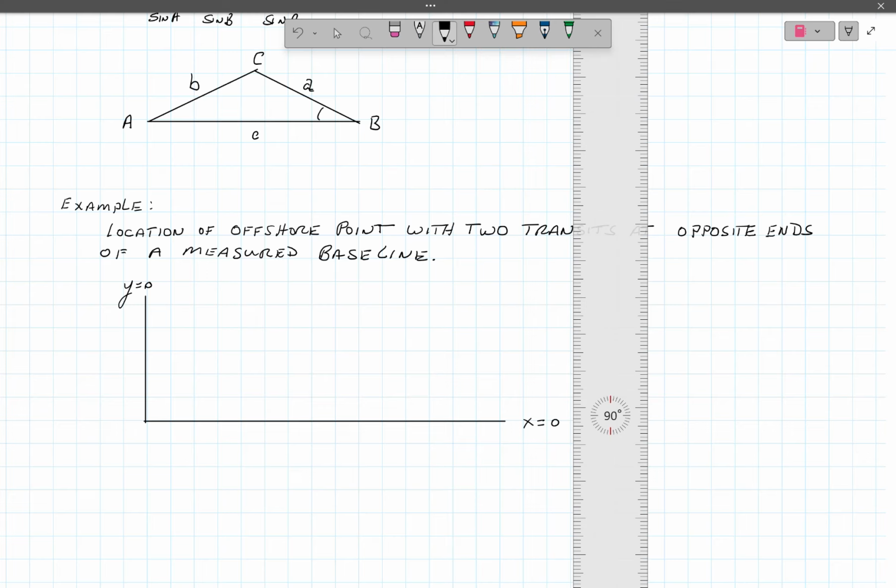Out in the field, you're not going to have an x or a y, but you will have stuff related to that.